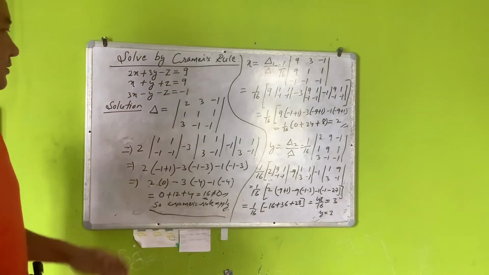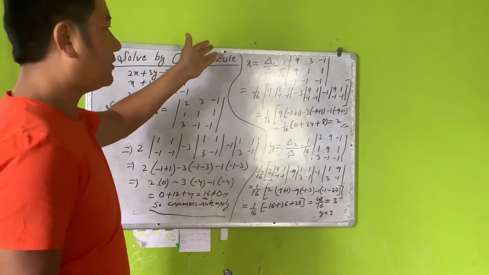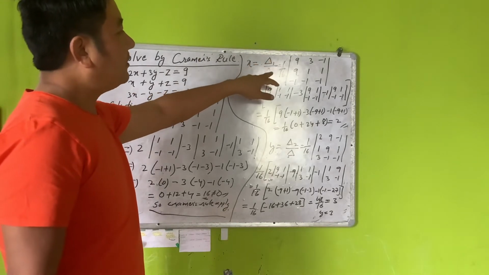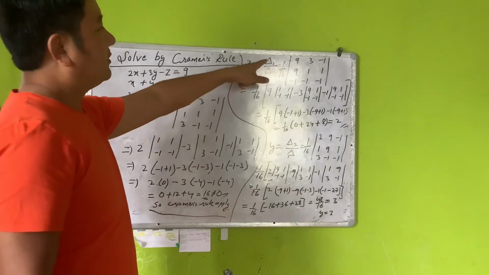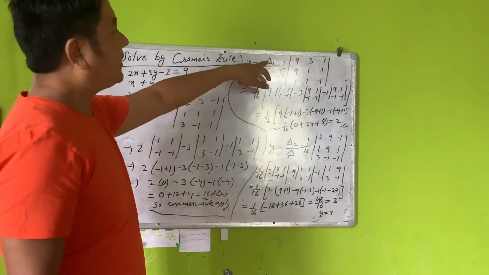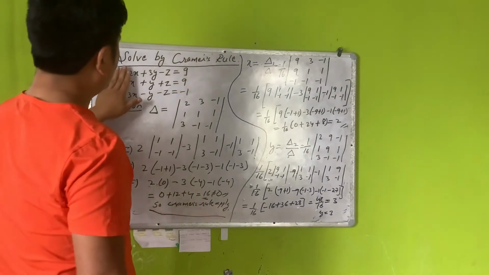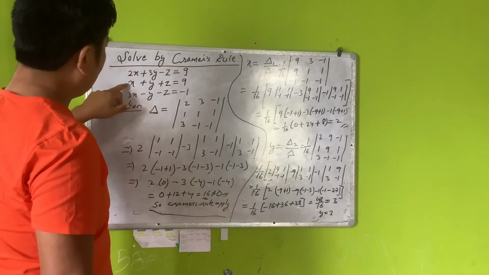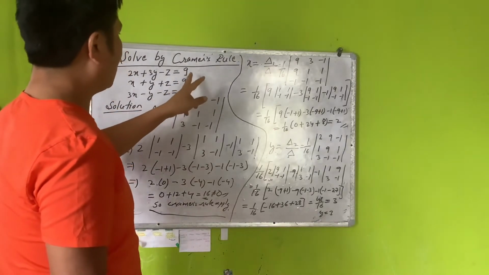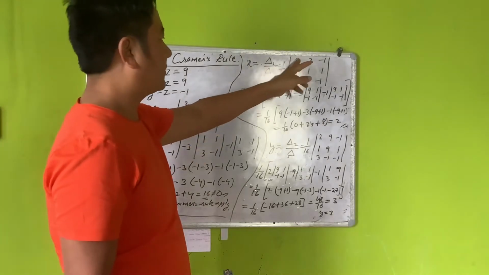After this, you have to find x, y and z. So x is equal to determinant 1 by determinant, that is delta 1 divided by delta. So what is delta 1? You have to ignore the first column now.